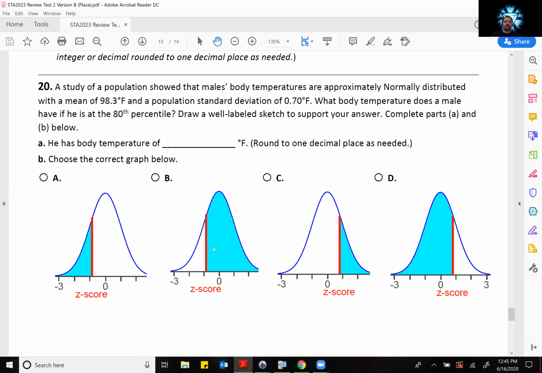What body temperature does the male have if he is at the 80th percentile? Draw and label a sketch.